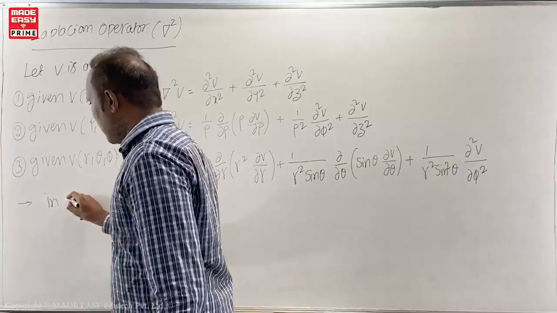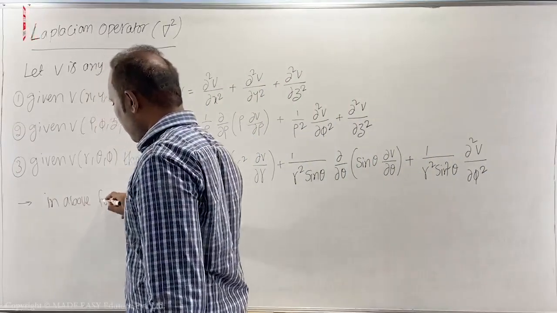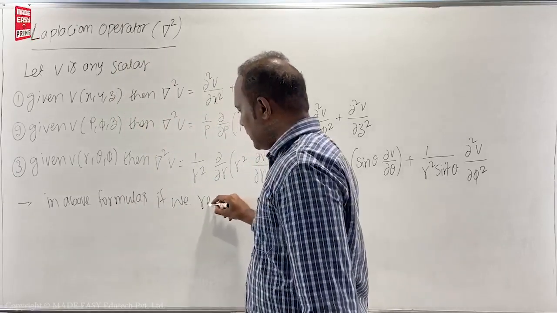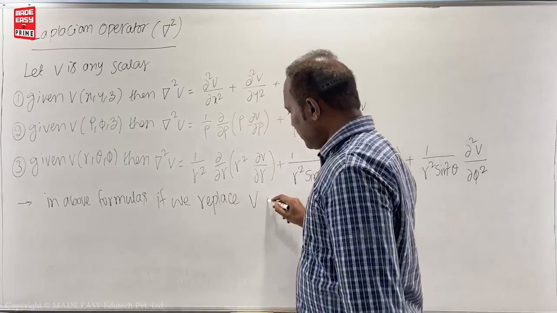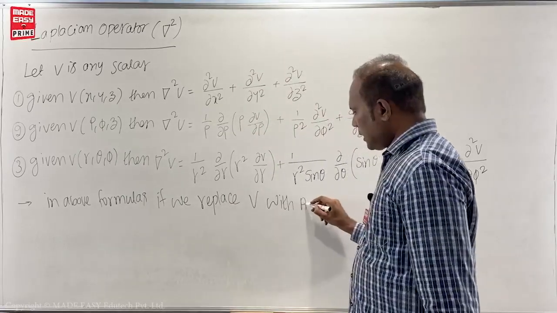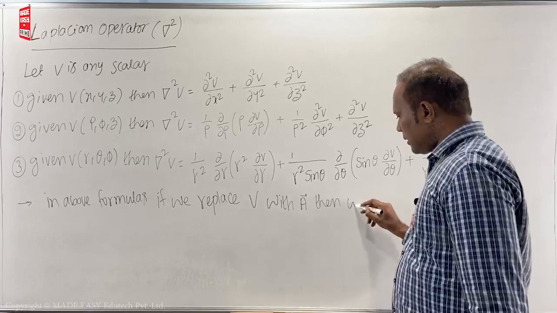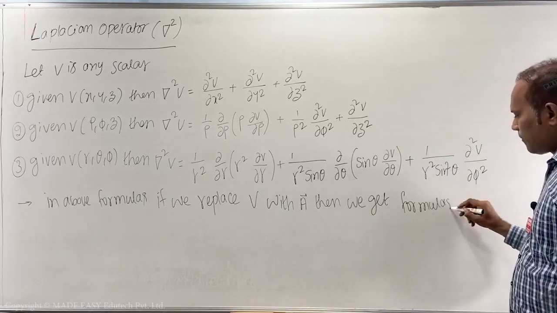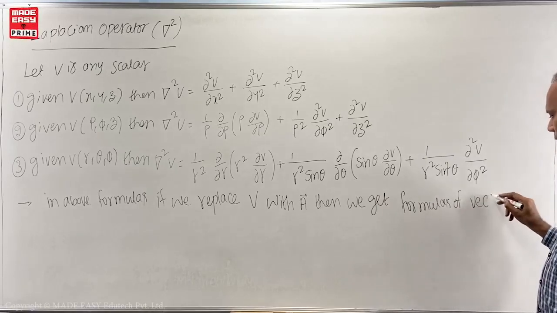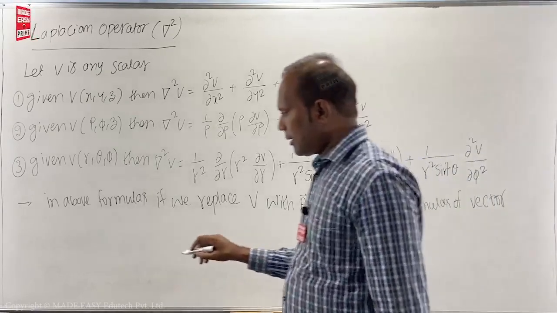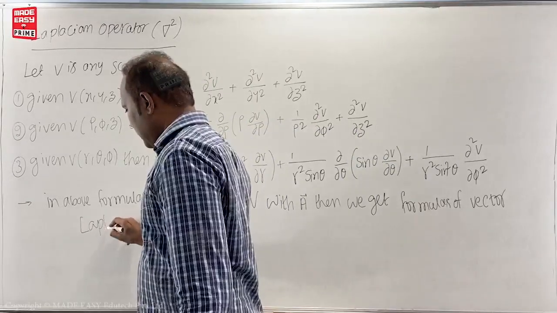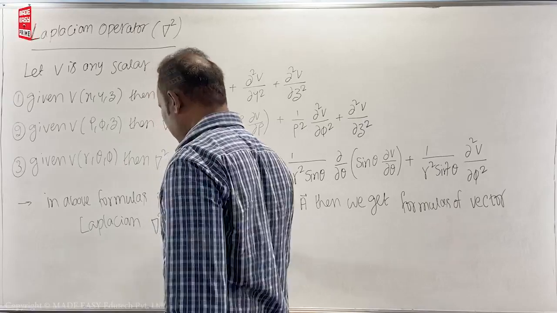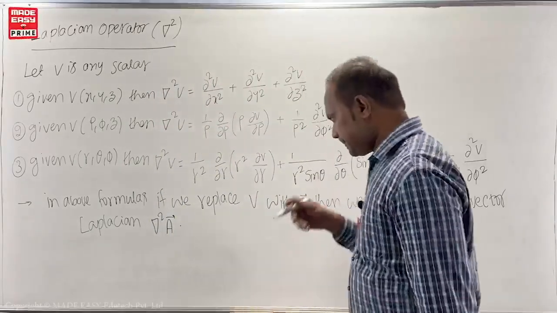So in the above formulas, if we replace V with A bar, then we get the formulas of vector Laplacian, that is del square A bar.